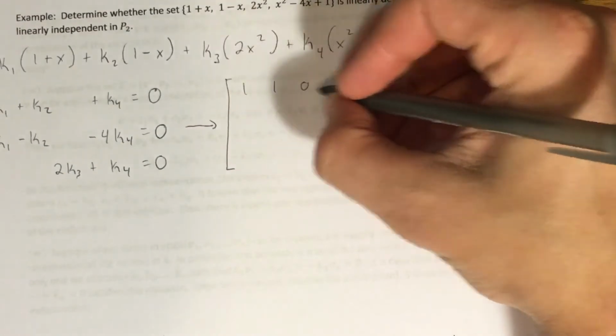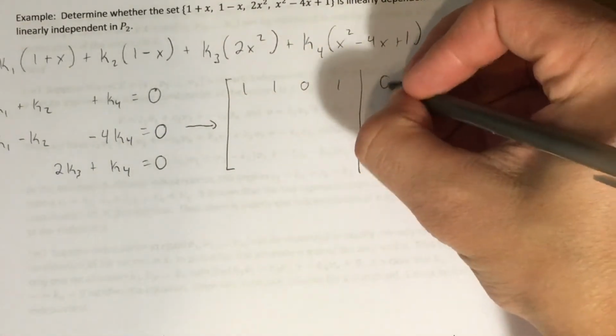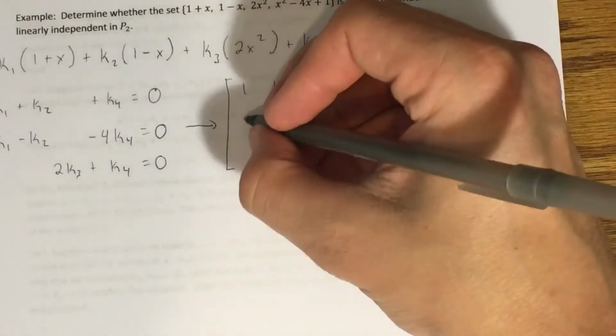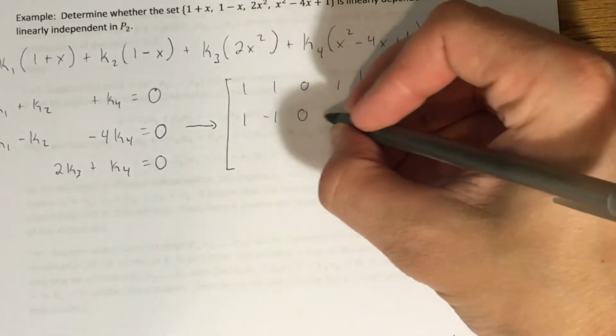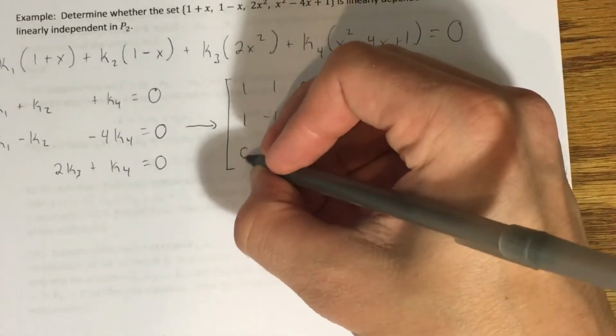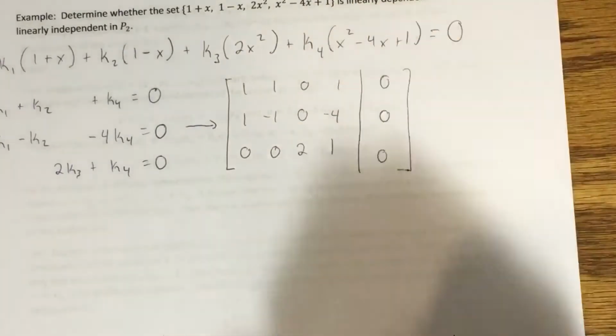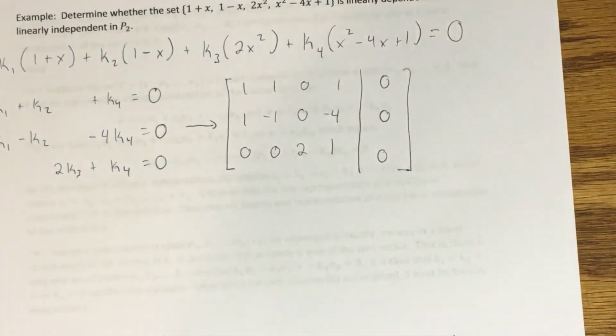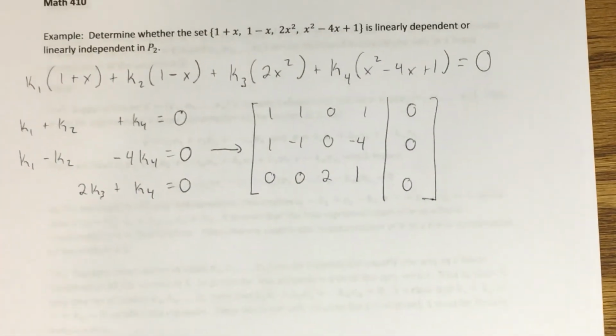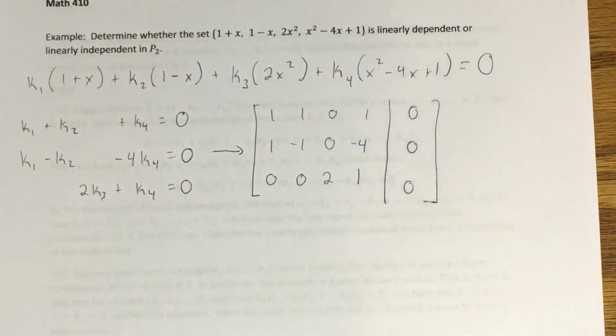1, 1, 0, 1, zeros all down here. 1, negative 1, 0, negative 4, 0, 0, 2, 1. Now what is the question that we're trying to answer here? Is the original set of polynomials linearly dependent or linearly independent?